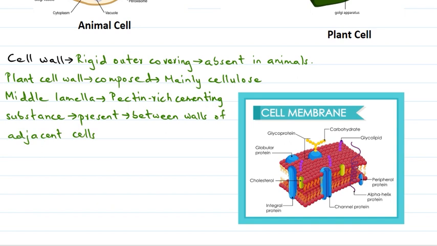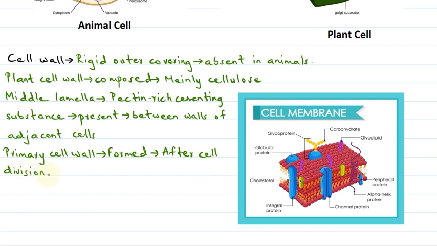The cell wall formed immediately after cell division is called the primary cell wall. So when is it formed? It is formed immediately after cell division.